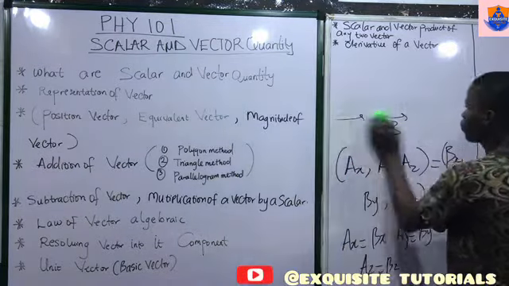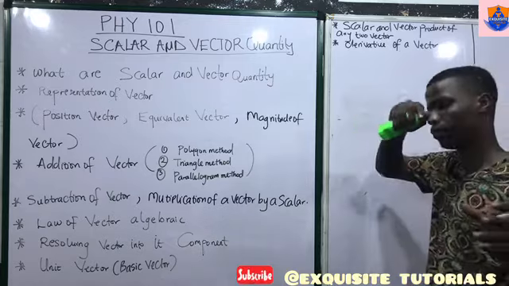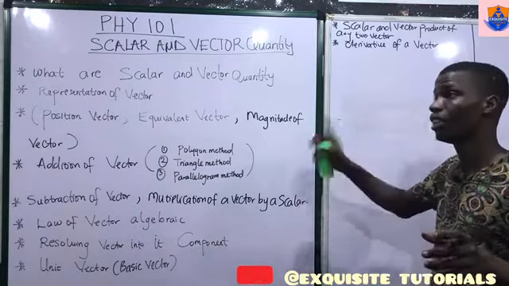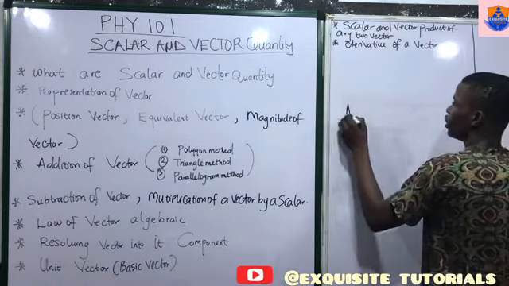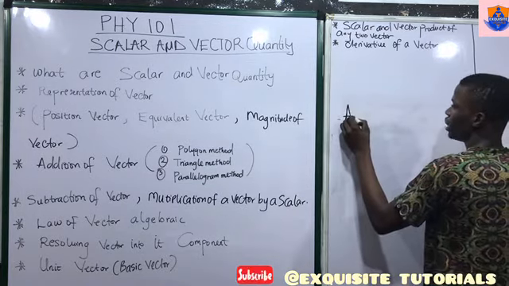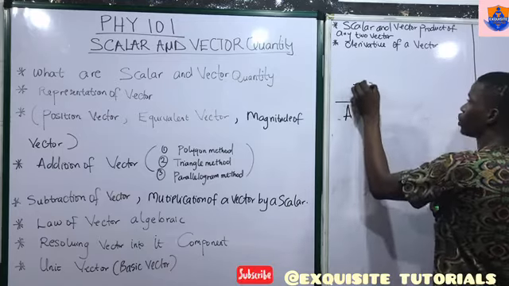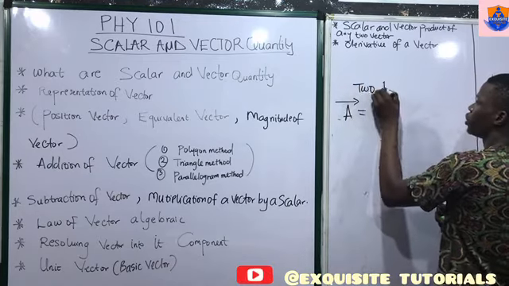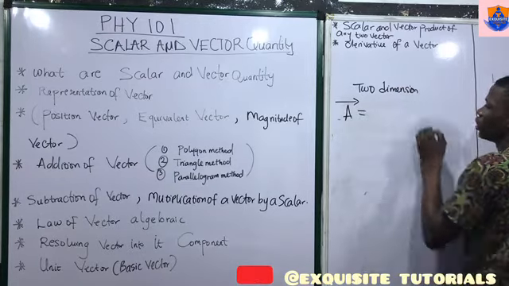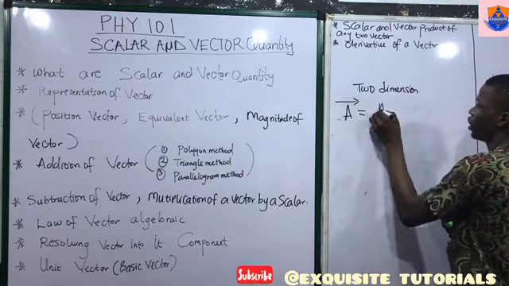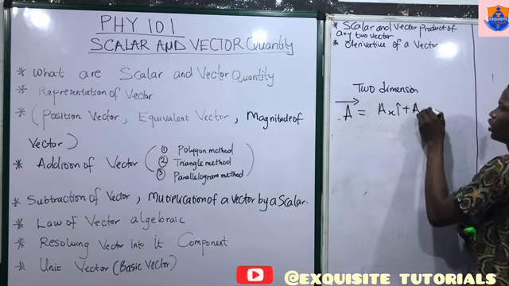So the magnitude of any vector, like I said, is the actual value or the scalar value of any vector. When it has to do with a two-dimensional vector scale, that is A of x i plus A of y j.